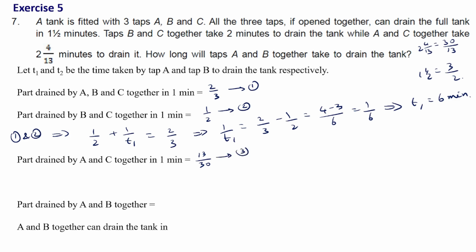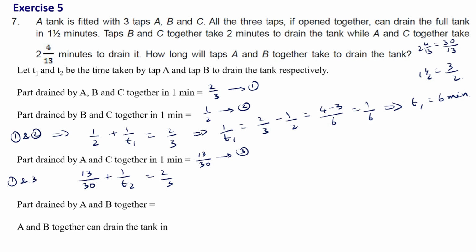Let us take this as 3. So from 1 and 3, the part drained by A, B and C together is 2/3. But A and C is 13/30. So we have 13/30 plus 1/T2, which is the part drained by B in 1 minute. This is equal to 2/3.